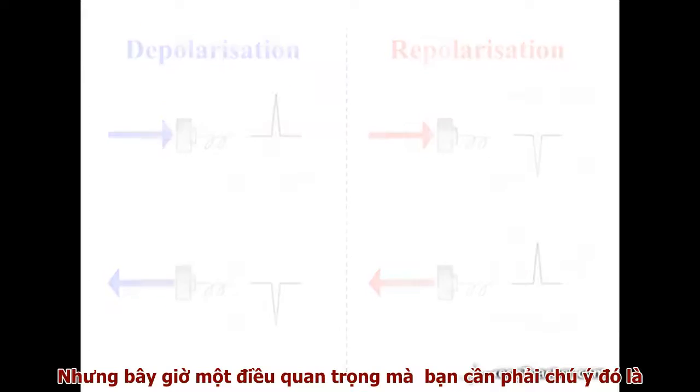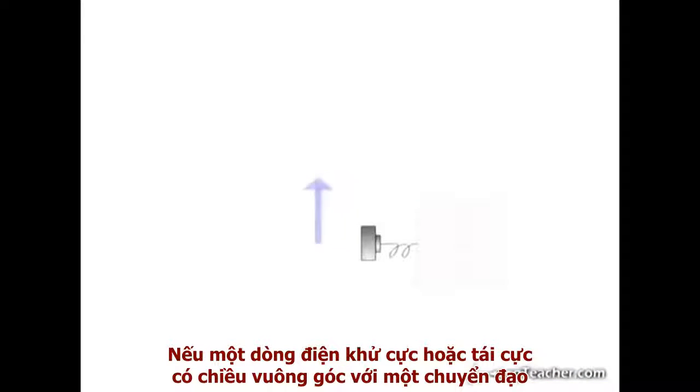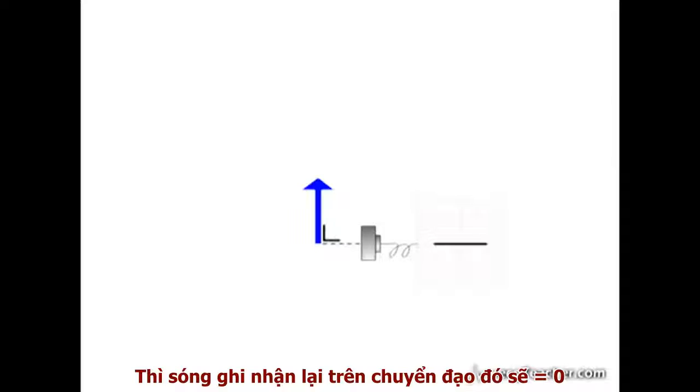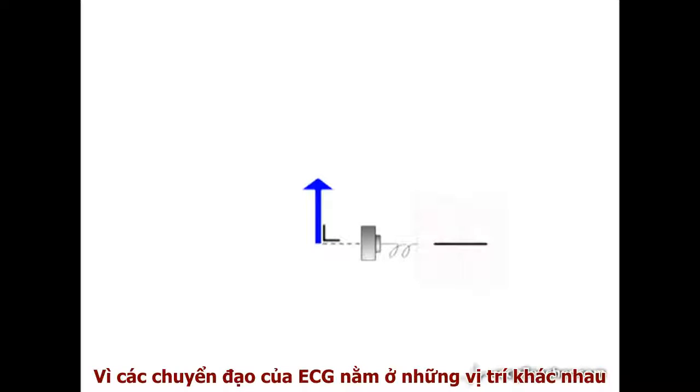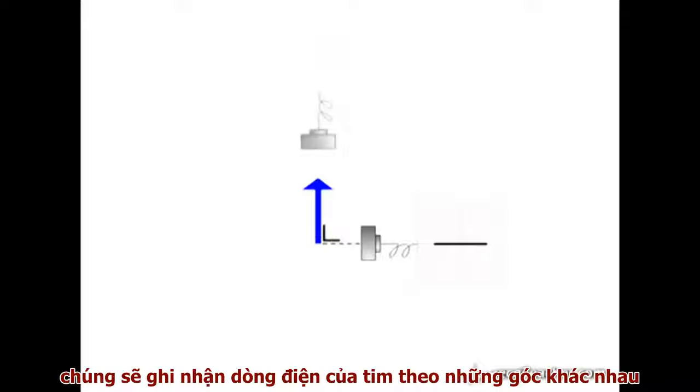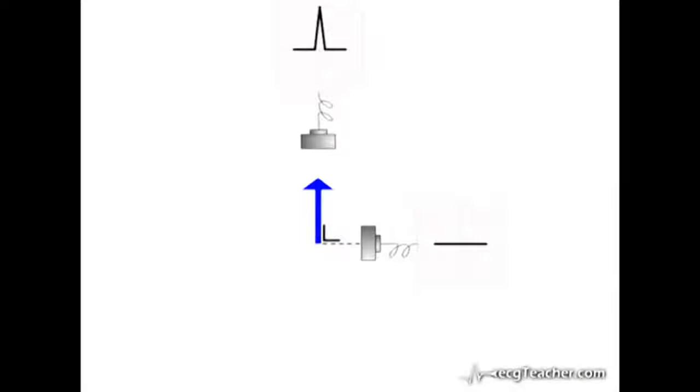However, for now, it is important to realize that if a depolarizing or repolarizing current is traveling at 90 degrees relative to a lead, it will not be recorded by that lead. As the ECG leads record electrical events from different perspectives, a lead observing this current from a different angle will record it.